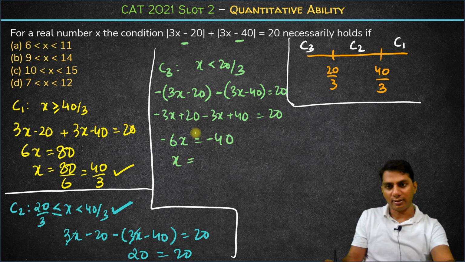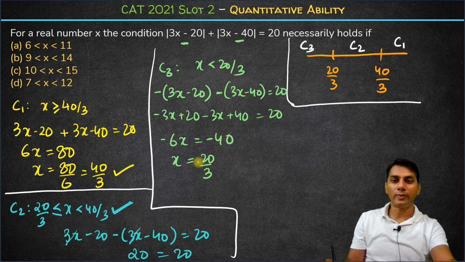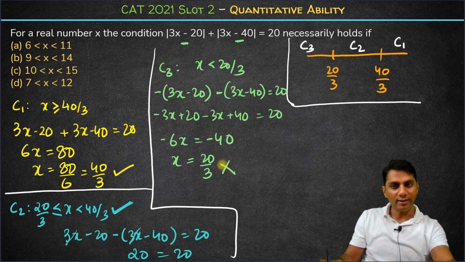So x comes out to be 20 by 3. 40 by 6 is 20 by 3. So x should be equal to 20 by 3, but we assumed that x is less than 20 by 3. So this value is rejected. The value that we get is not in the range that we assumed.